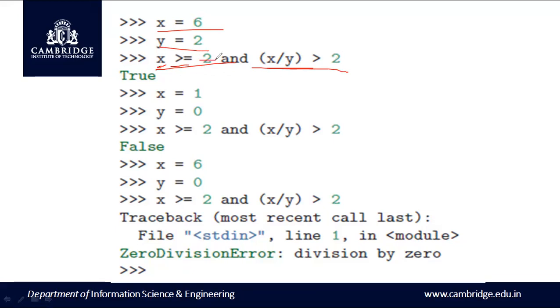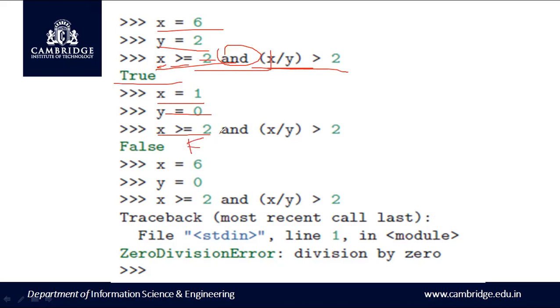Because it is the AND logical operator, both the expressions should be true, and only then will the Boolean value True be returned. In the second case, x is equal to 1 and y has the value 0. The first expression, x >= 2, becomes false.